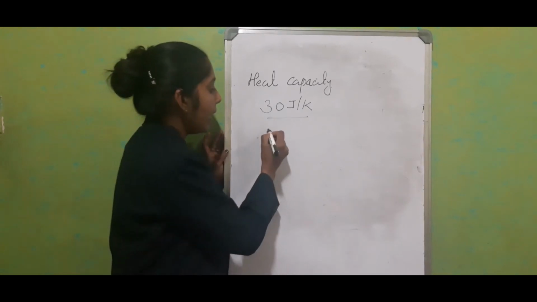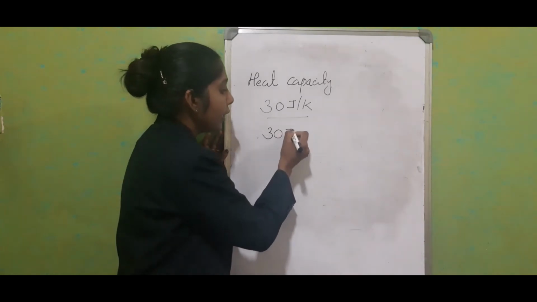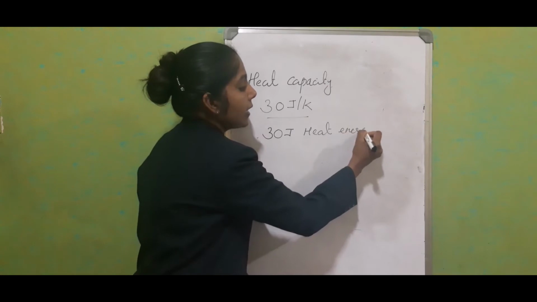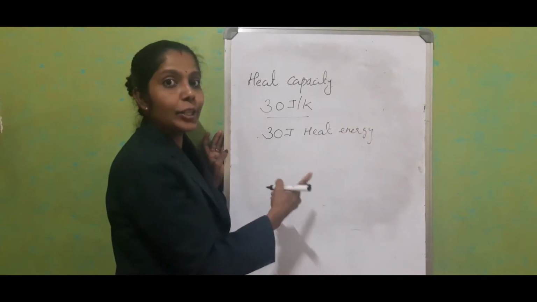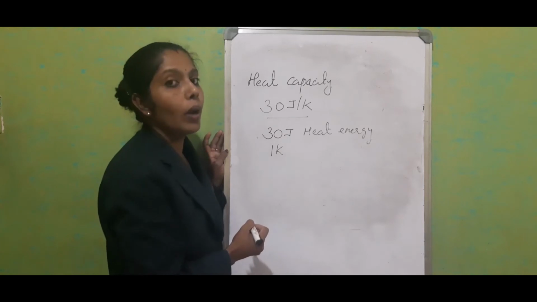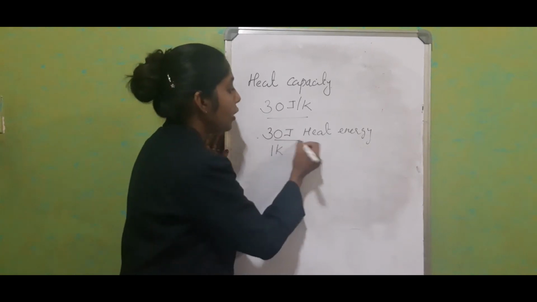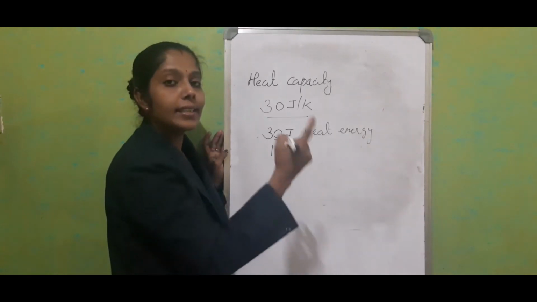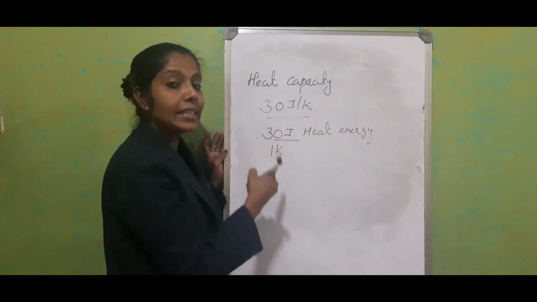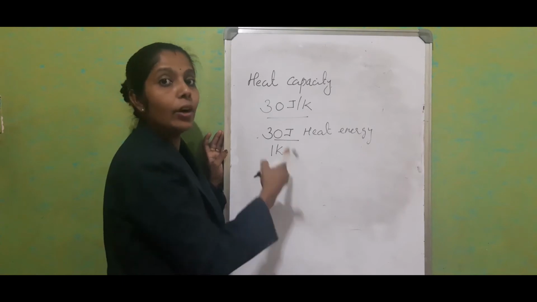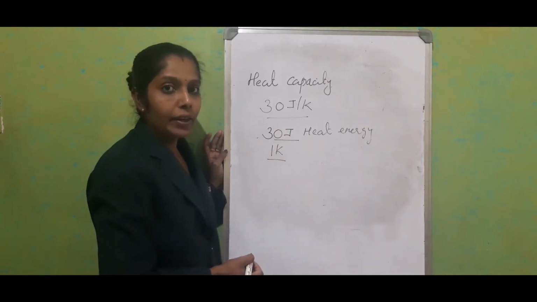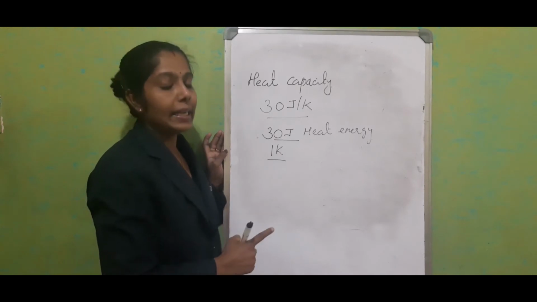It means that 30 joule of heat energy is required by the vessel to increase its temperature by 1 Kelvin or 1 Celsius. So this is about heat capacity.